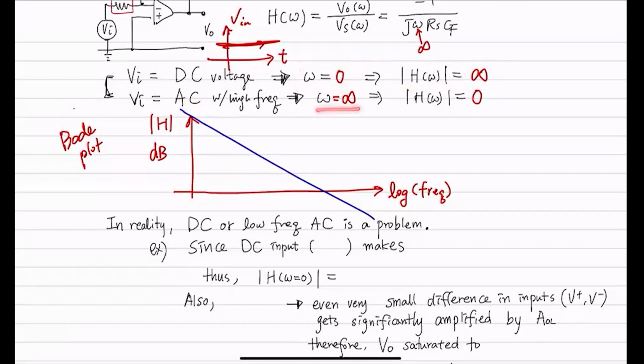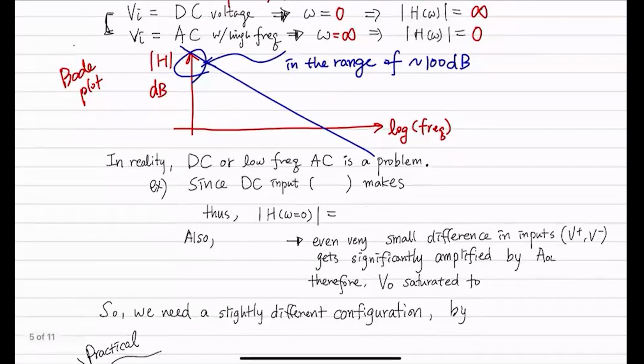And when the frequency goes up, it goes towards 0. So it's dropping down like that. Actually, it's dropping down as a straight line. And because this is infinite in low frequency, that value is in the range of several hundred decibels. So that is actually a huge value. It's like more than 100 times or anything like that.